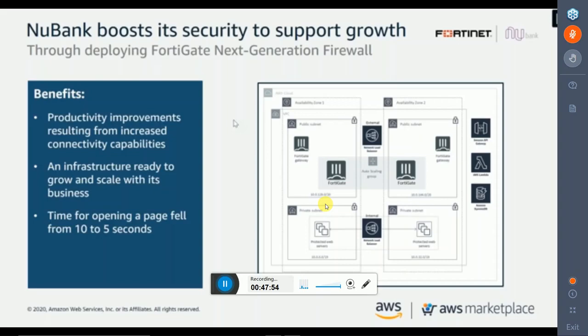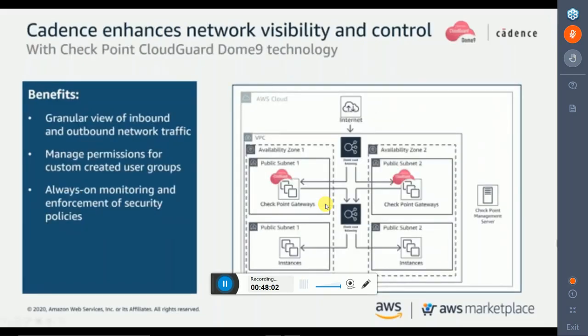I also want to make sure that we talk about another vendor called Checkpoint and how they're helping their customers in a similar fashion, right? So the customer in question here is Cadence Design Systems, and they're really a global supplier of electronic design technology and engineering services to the semiconductor industry.